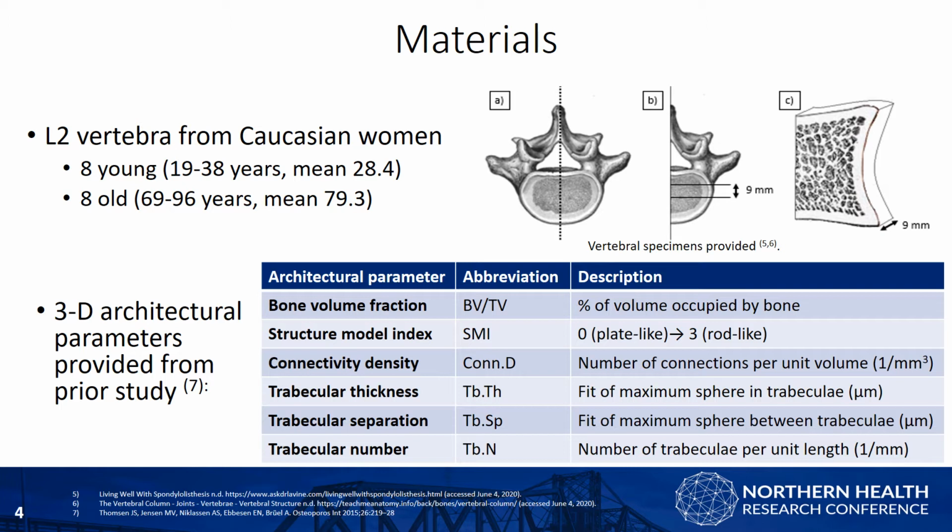Structure model index, which is a number between 0 and 3, indicates the degree to which the trabeculi are plate-like, which would be a number closer to 0, or rod-like, a number closer to 3. With age, structure model index, or SMI, increases, so trabeculi become more rod-like with age. We also considered connectivity density, trabecular thickness, trabecular separation, and trabecular number, all of which are described in the table.